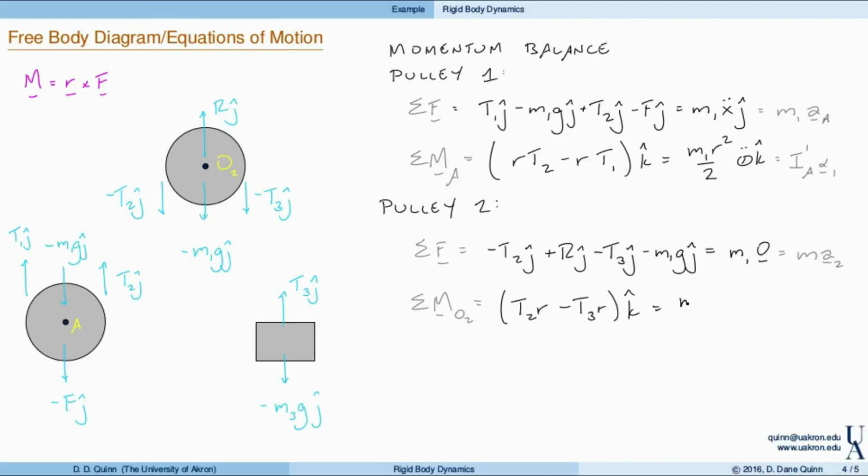And this is equal to the moment of inertia, m r squared over 2. Recall that each of these disks are identical, so the moments of inertia are identical. But the angular acceleration here is phi double dot in the k direction, because phi describes the rotation of that disk.